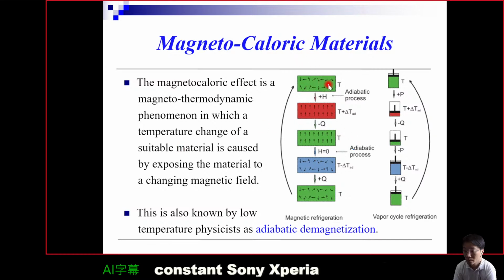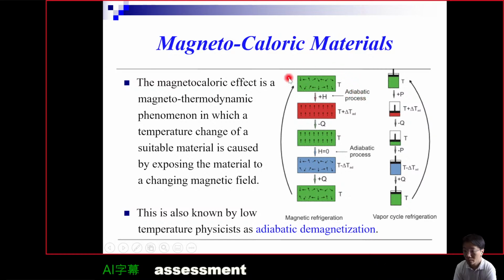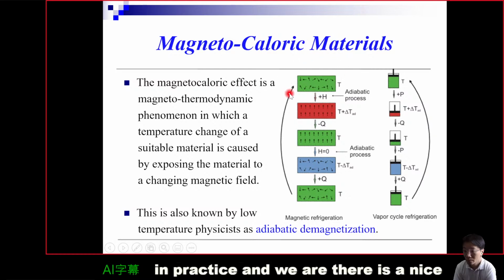Typically we have a magnetocaloric material. This sample carries spins, but in the beginning the spins are randomly oriented. When we apply a magnetic field in an adiabatic process, that means we isolate it from the environment in an isolated chamber.